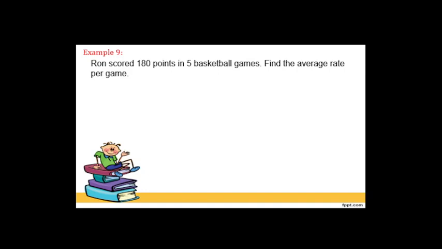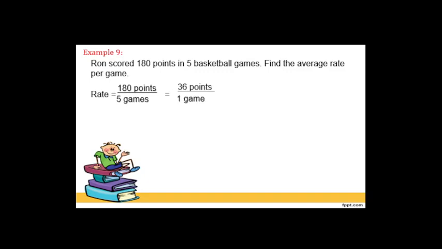Again, the rate is equal to 180 points over 5 games. 180 and 5 are divisible by 5. So, 180 divided by 5 is equal to 36, and 5 divided by 5 is equal to 1.